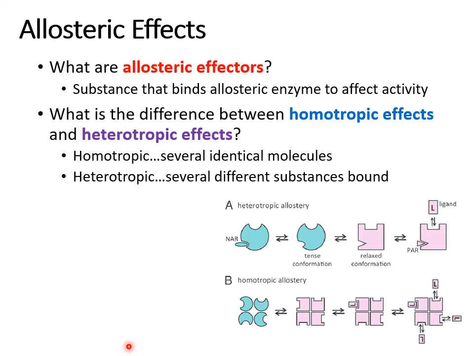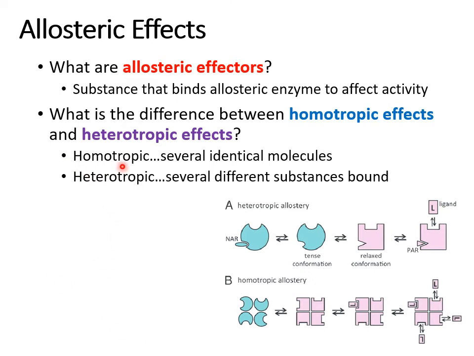Now, there are two categories I want you to know the difference between in terms of allosteric effects and allosteric effectors. There are homotropic effects and there are heterotropic effects. Now, homo in biology means same, hetero means different.